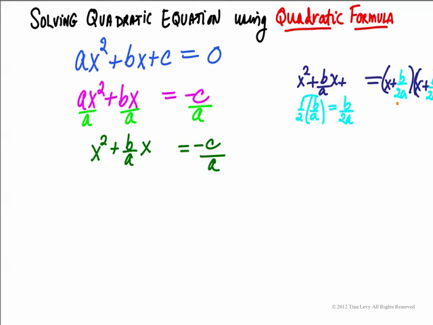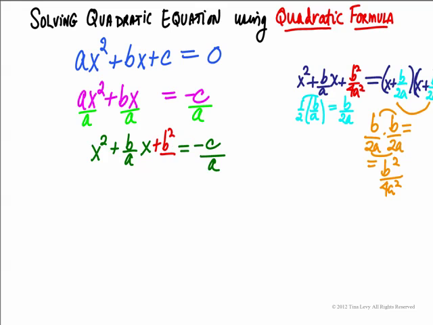In doing that, I see that I am going to have to multiply the last terms to see what gets added. So it's b over 2a times b over 2a, which becomes b squared over 4a squared. So I have to add b squared over 4a squared.